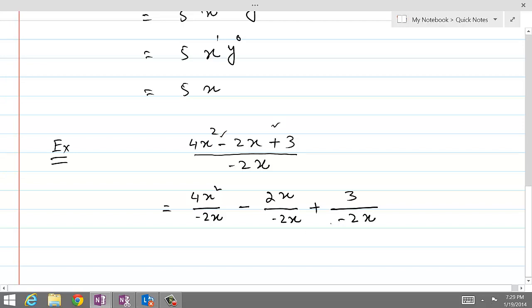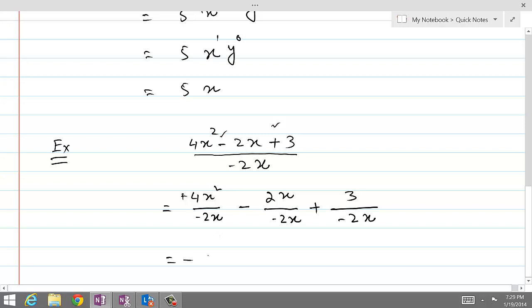See, we have divided every term in the numerator by the monomial in the denominator. Therefore, we now have the same case as if we are dividing a monomial by another monomial. So here it's a positive sign. Positive divided by negative, answer is negative. Opposite signs divide, answer is negative.